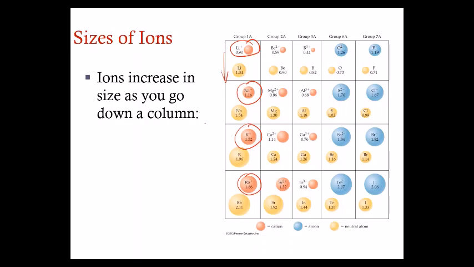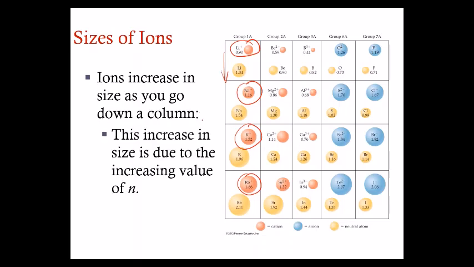As you go down a column, that's how it looks: increasing value of n, the principal energy level number. You could say shielding, or farther distance as well. Going down the group, oxide, sulfide, selenide, telluride increase as well. Same idea there.